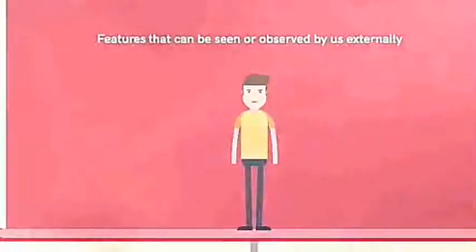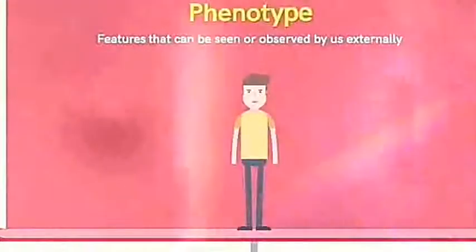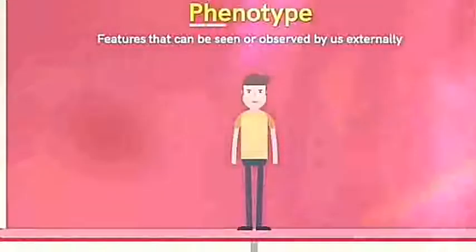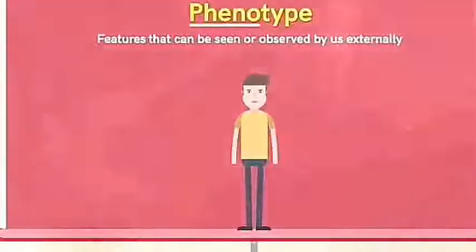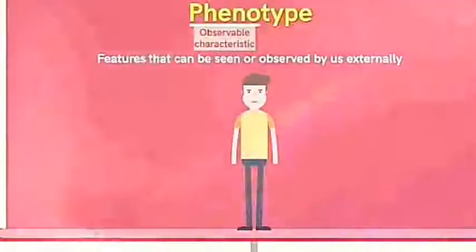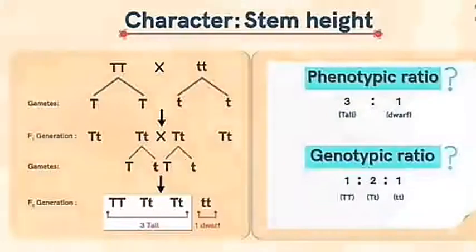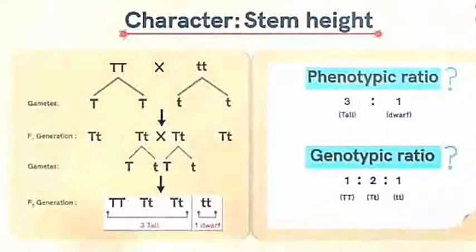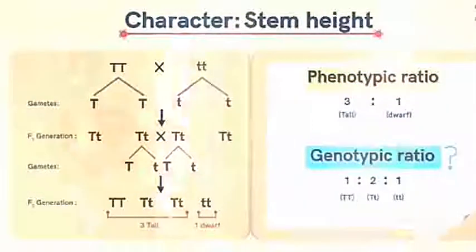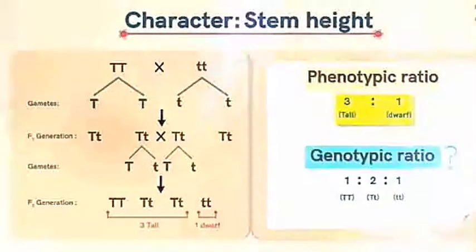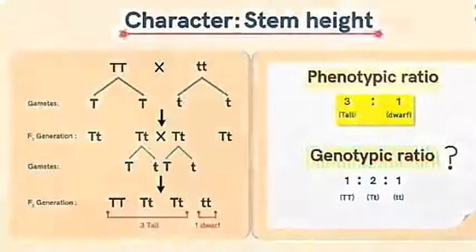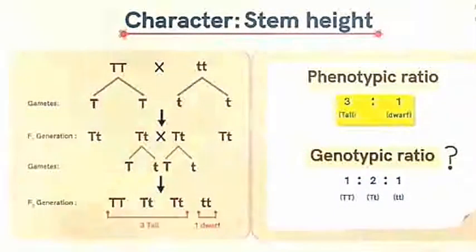The features that can be seen or observed by us externally are called phenotype. They are observable characteristics. So in the case of this F2 generation, what we observe is 3 tall and 1 dwarf. So that is why the phenotypic ratio is 3:1.